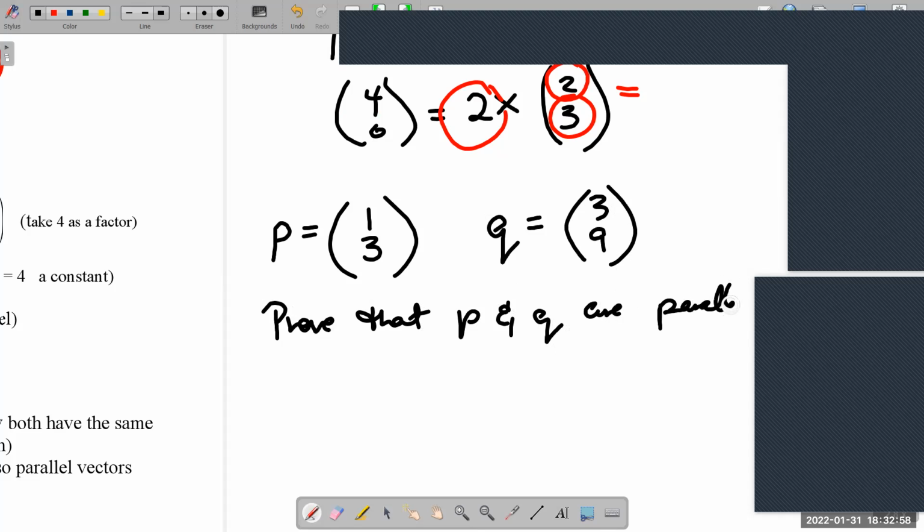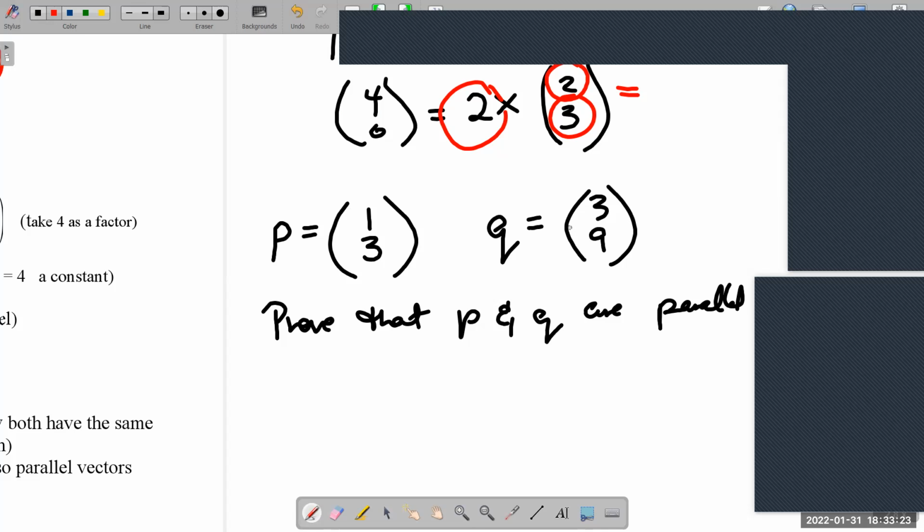So the first thing I'm going to ask you, just by looking at it, do you guys think it's parallel? Let's go, everybody else. It's important for me to know if you're seeing it. How do you know if it's parallel? Is there a number I can multiply by P to get Q?